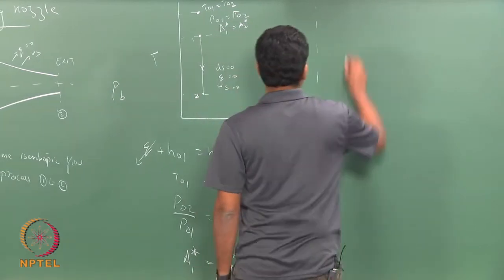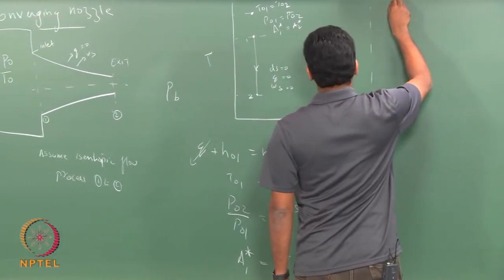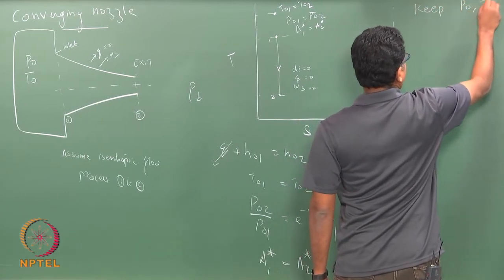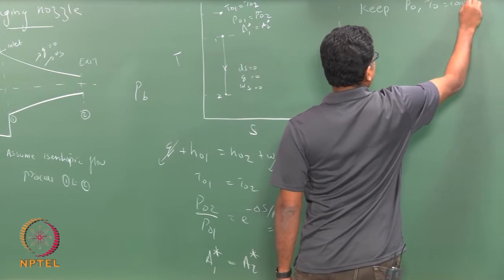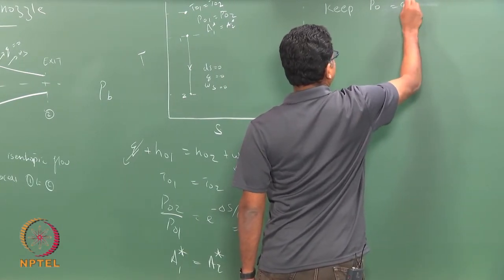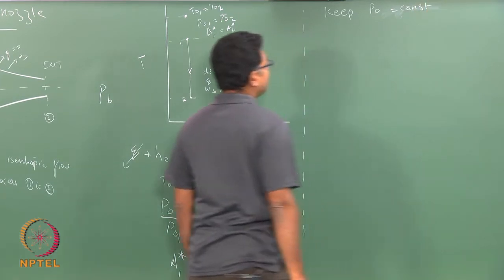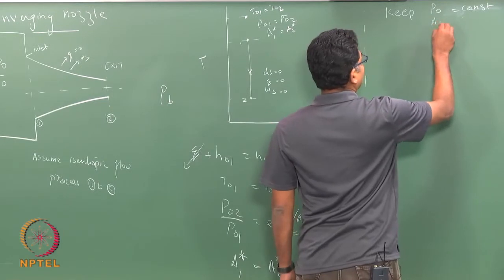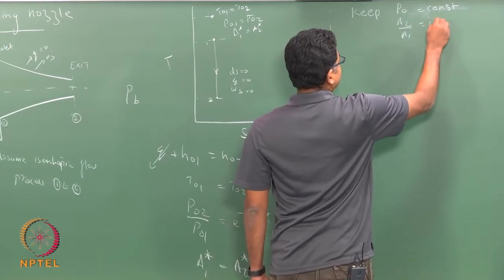So, first let us keep P0 and T0 constant. Let us talk about P0 alone to avoid confusion. So, I am keeping P0 constant and my A2 by A1 also constant.